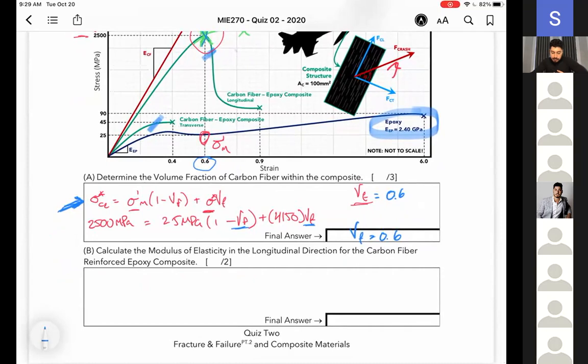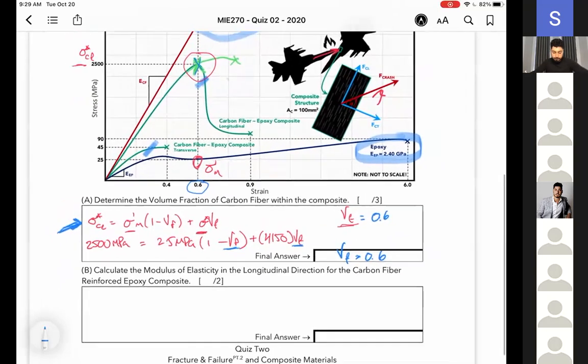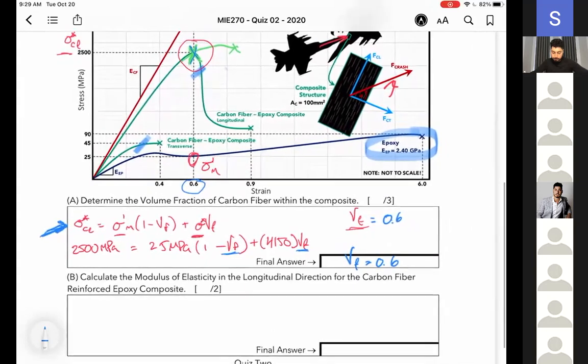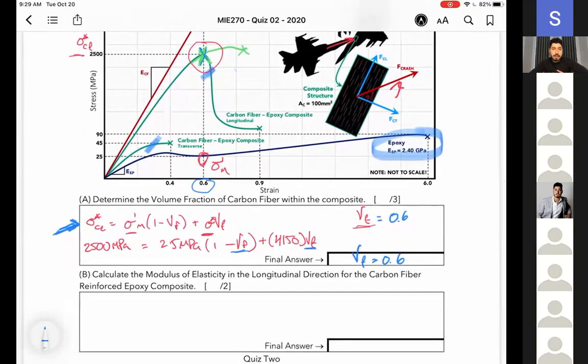Calculate the modulus of elasticity in the longitudinal direction for the carbon fiber reinforced epoxy composite. So how are we going to calculate the modulus of elasticity? Do we have any suggestions? There is a formula. Yes, that is the formula that I want to use.